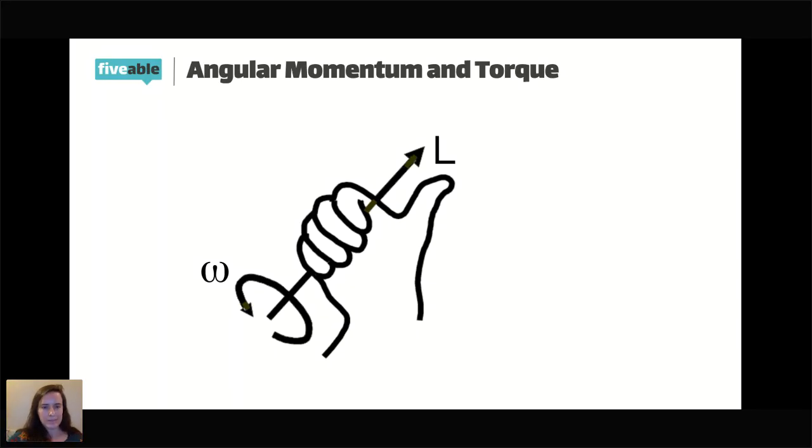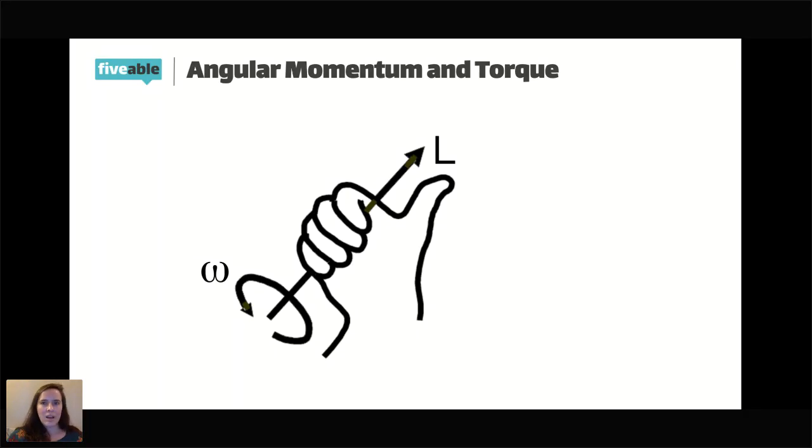It's weird. But that is the most you will ever have to even think about right-hand rules on your exam. Plus, you probably actually won't need to know it. I just like to tell it to you. So you're like, is this in the same direction or the other direction?